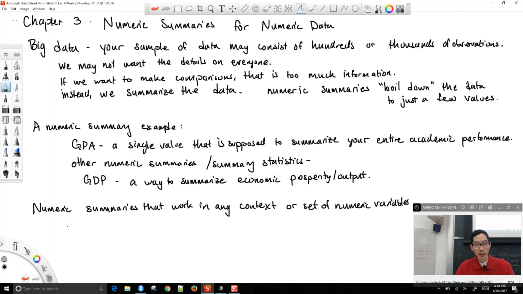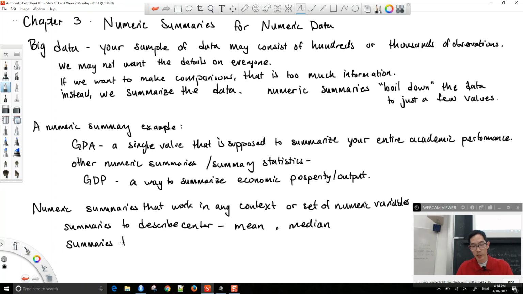Okay, and we have summaries to describe center. And these, I'm sure you've heard of these before, the mean and median. And we have summaries to describe spread.